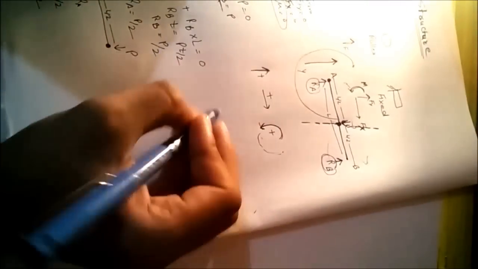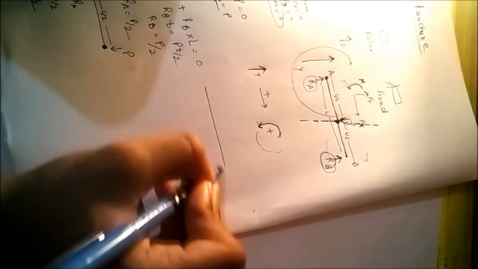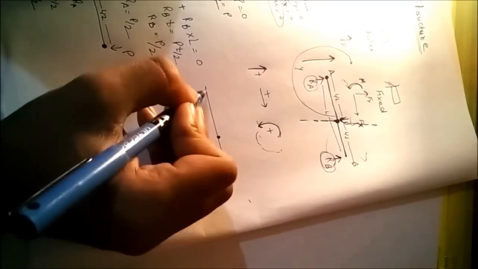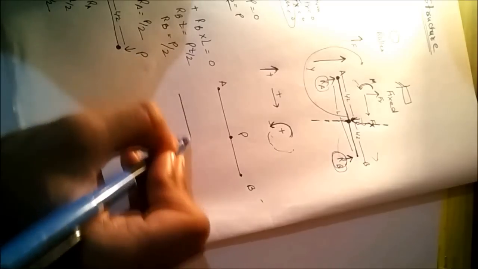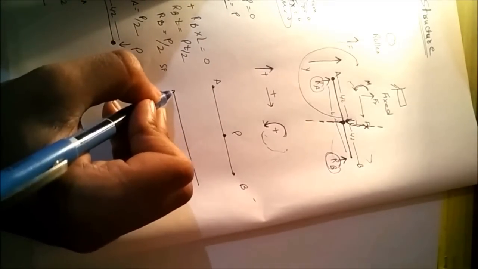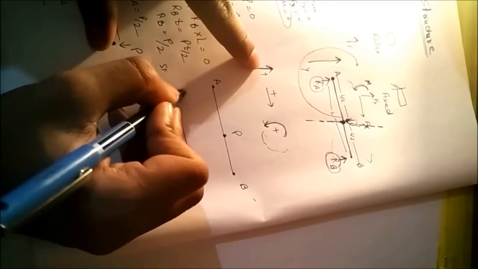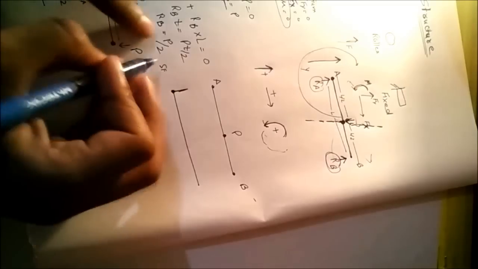You can make the shear force diagram and bending moment diagram for A, B, P. From the free body diagram, taking the positive direction, Ra acts upward, and the value of Ra is P by 2.